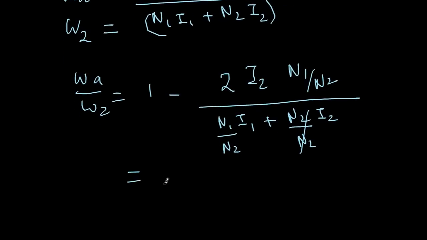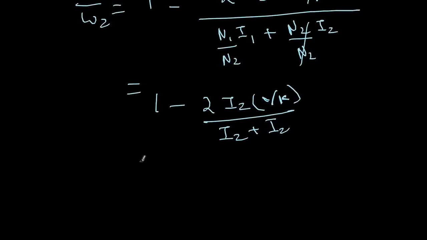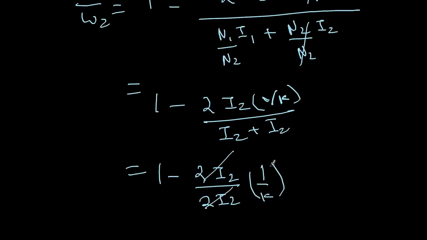So overall what you get is 1 minus 2 I2 divided by I2 plus I2, and of course here it is 1 by K. So this is nothing but 1 minus 2I2 by 2I2 into 1 by K. So this whole thing will cancel.